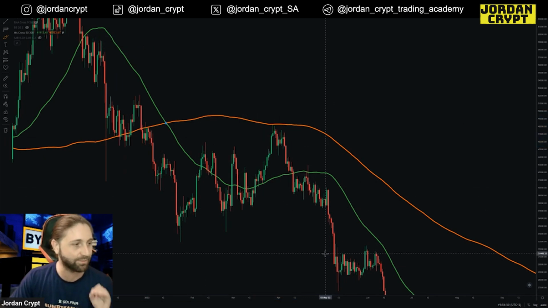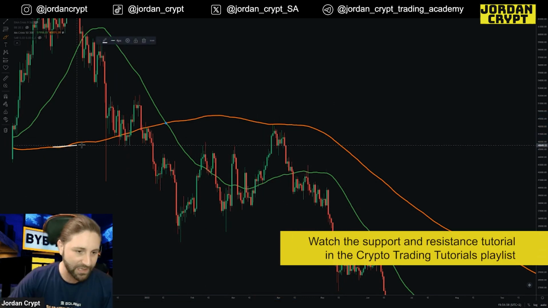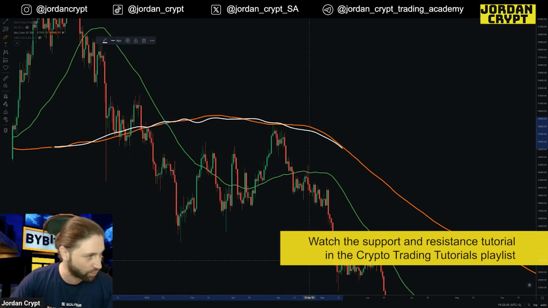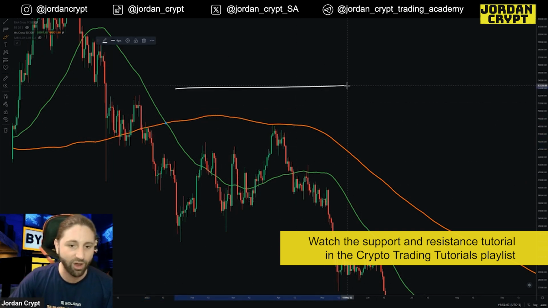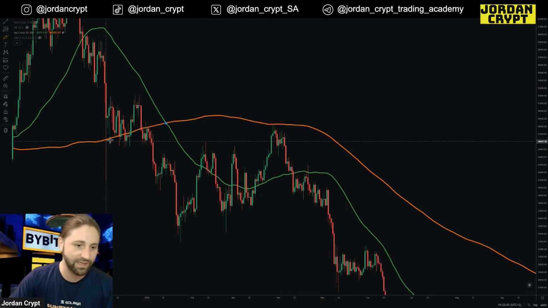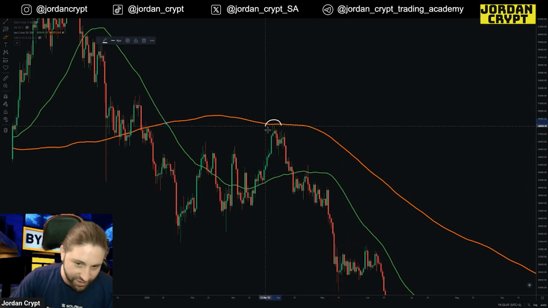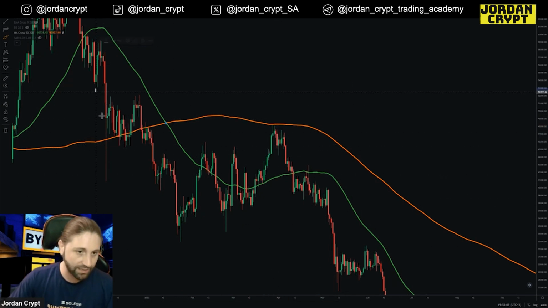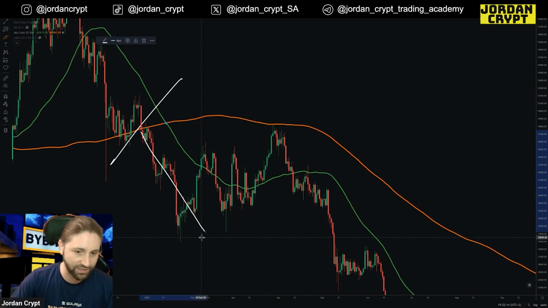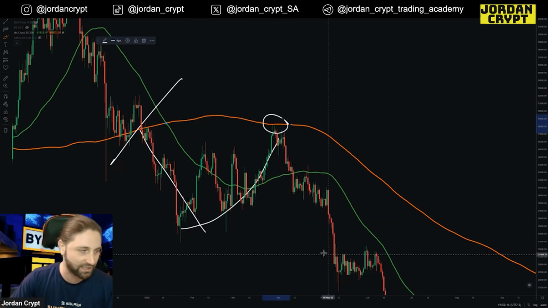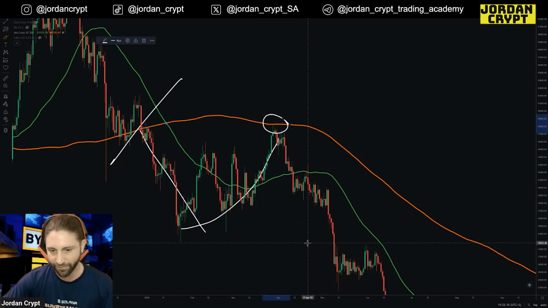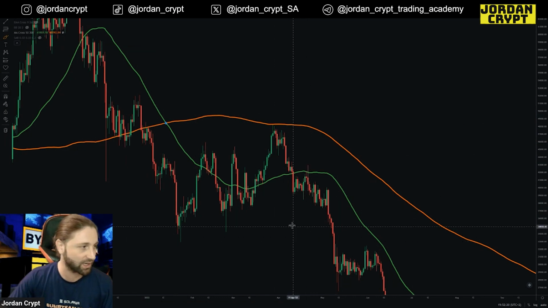Please watch my support and resistance tutorial, that this is very dynamic support and resistance, meaning it is not in a straight line. It is dynamic, it moves, but it is to the dollar. Right here we sat on it as support. Here we broke the support to the downside, and here we retested that broken support, flipped into resistance, clear as day.